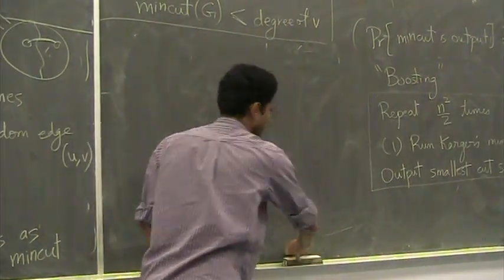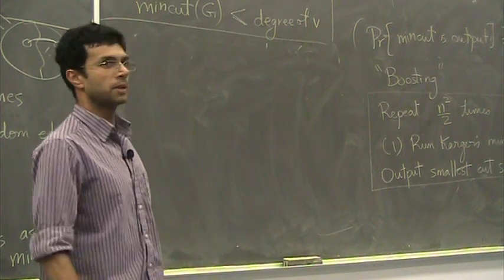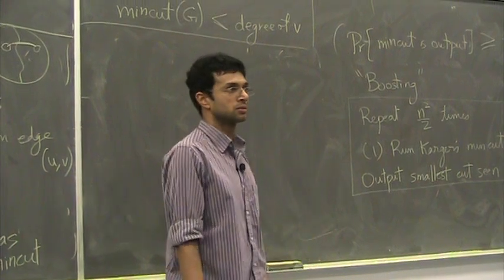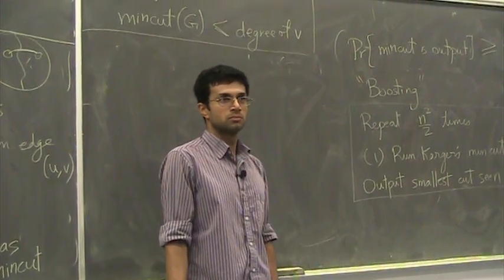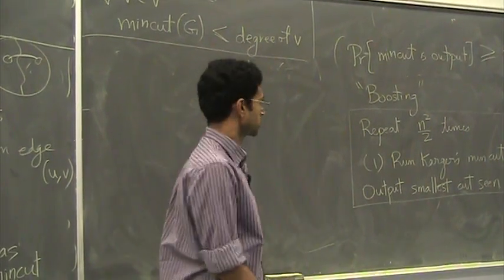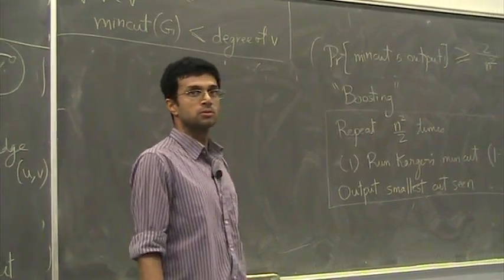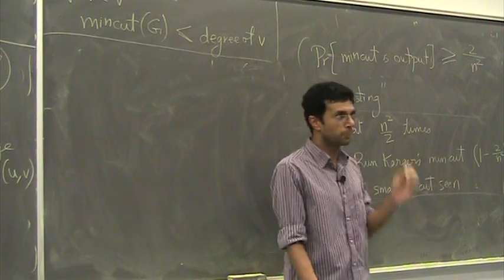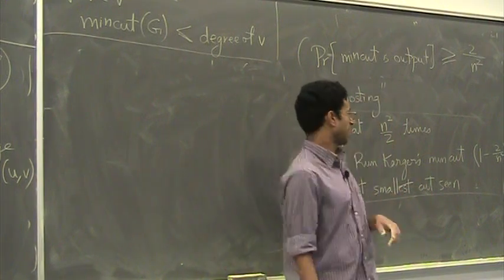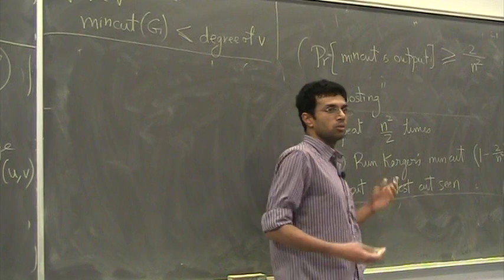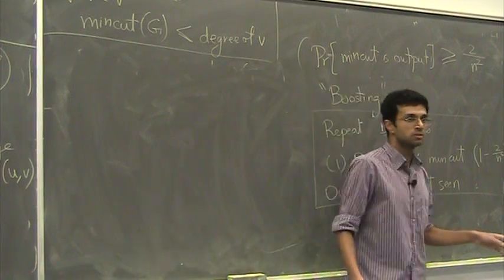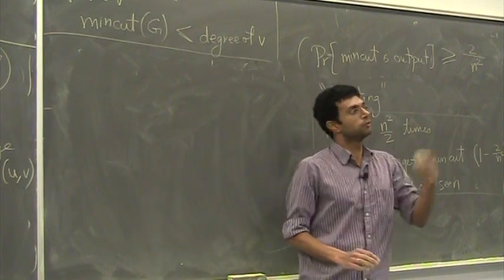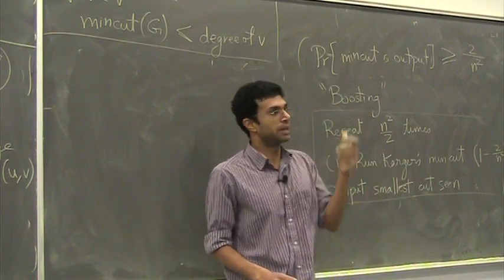Okay, so at this point it's an elementary probability calculation. What's the probability that all of these iterations failed? What's the expression? It's like a coin. You flip a coin, and with probability 1 over 2n squared, you fail. So you flip the coin again, and again.